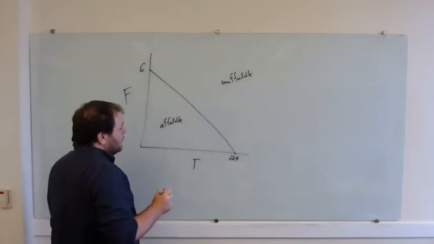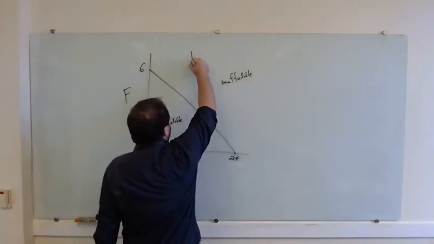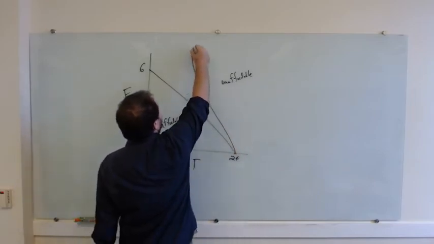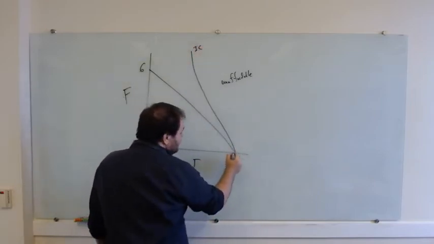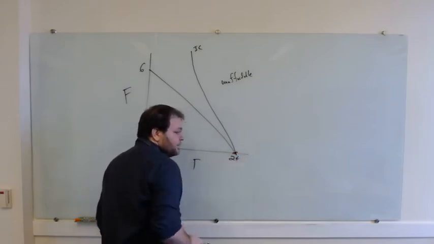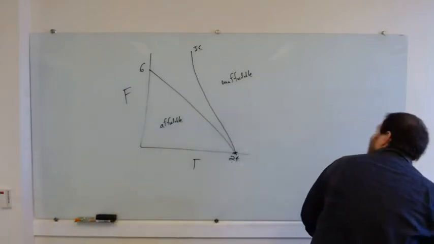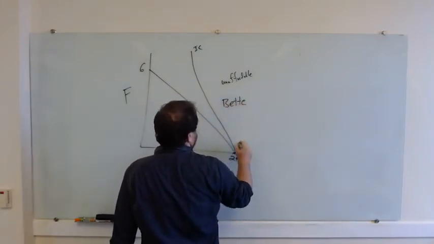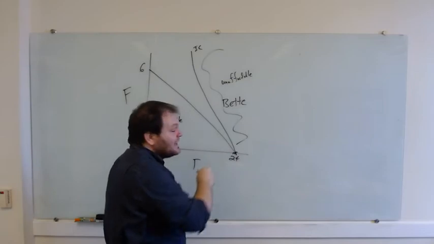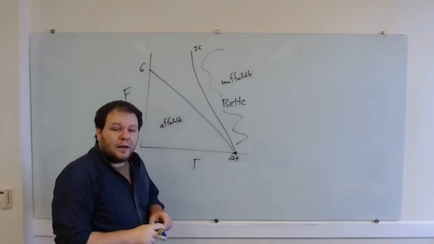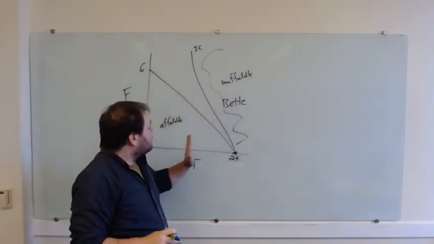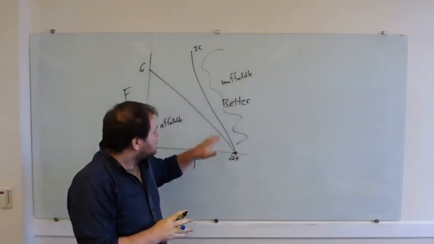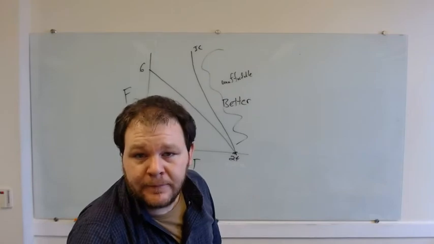So one way this might look is if we had an indifference curve like this. In this case, if we looked at this choice here, we would say everything better, up here, isn't going to be affordable. The universe of better, the universe of affordable, completely separate. So this is one way that this might look.